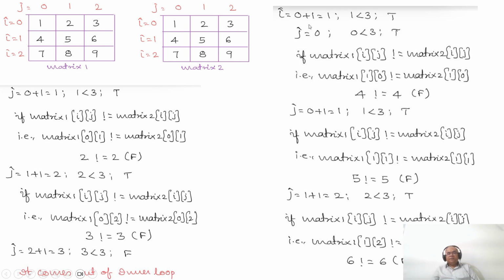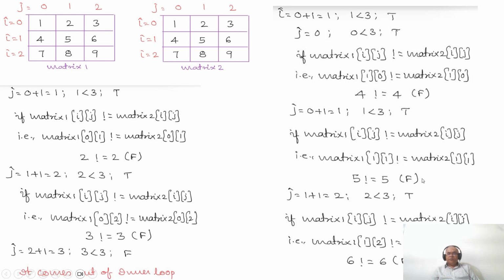Then i is incremented with 1. 1 is less than 3, condition is true. j is equal to 0. 0 is less than 3, condition is true. Then matrix of 1, 0 is 4. Is it not equal to matrix of 1, 0, which is 4? So condition becomes false. j is incremented with 1. So 1 is less than 3, condition is true. So matrix 1 of 1, 1, because i is equal to 1.